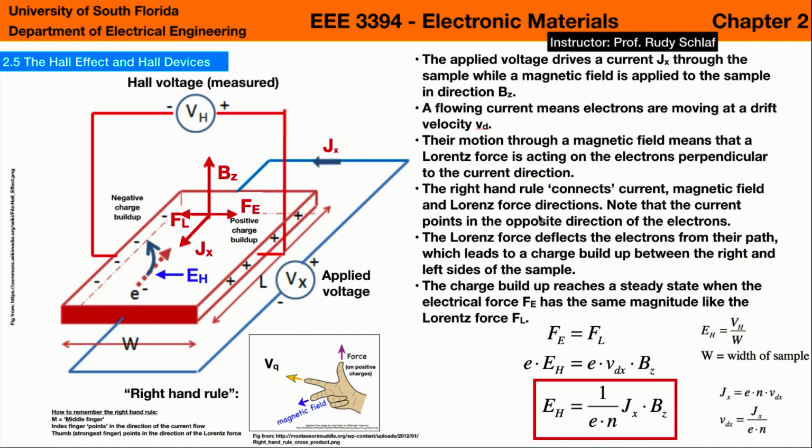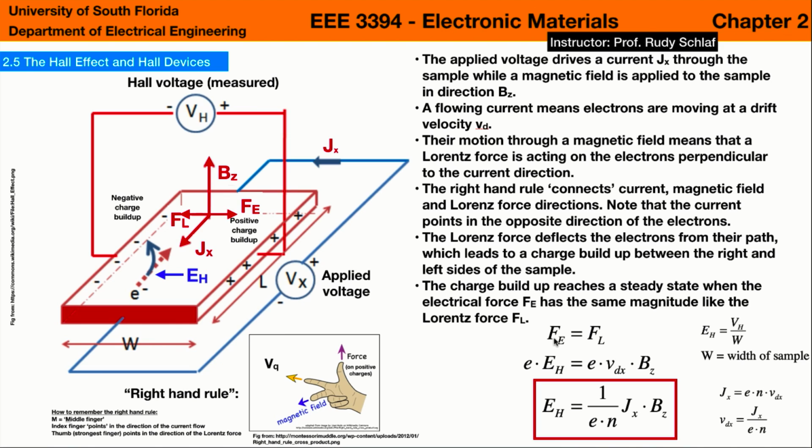So what can we do with this awesome effect? Well, let's put some formulas to it. I just said when this has reached a steady state, the Coulomb force and the Lorentz force are the same. So we can write the Coulomb force equals the Lorentz force. And here we can simply plug in the electron charge and the electrical field.